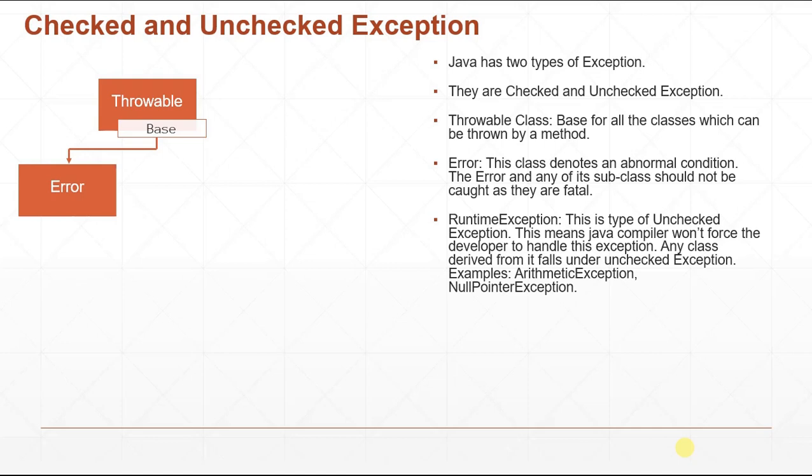So the runtime exception is a type of unchecked exception. So because the arithmetic exception falls under the unchecked exception, Java compiler will never force the developer to handle that exception. So it is up to the developer to know the possibility of exception and enclose that statement within the try and catch block.